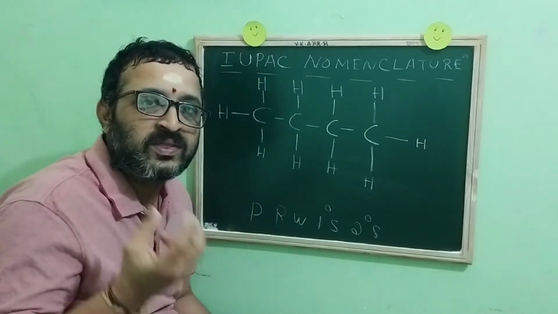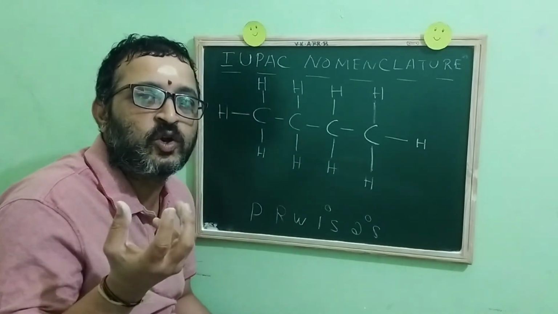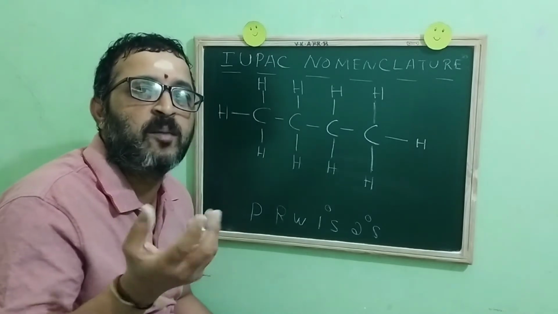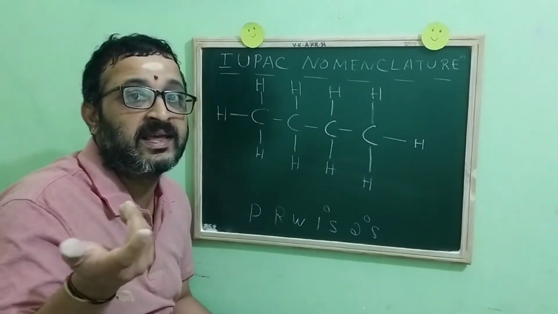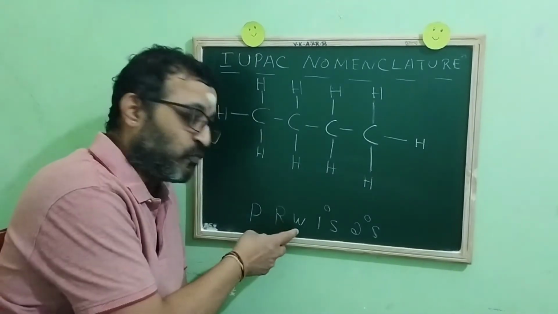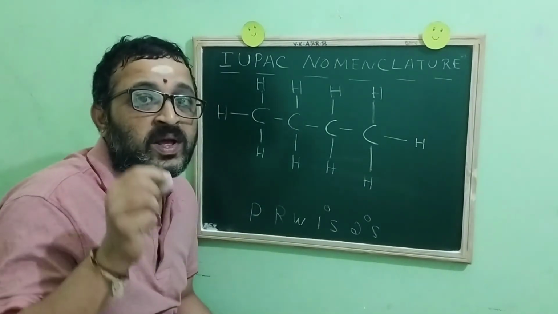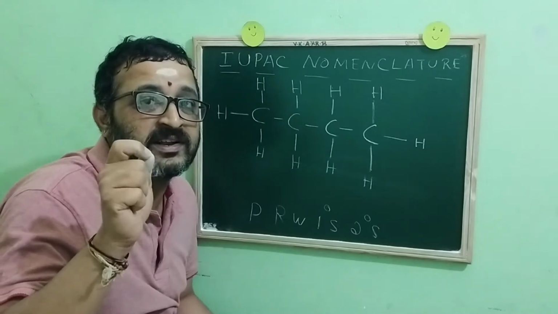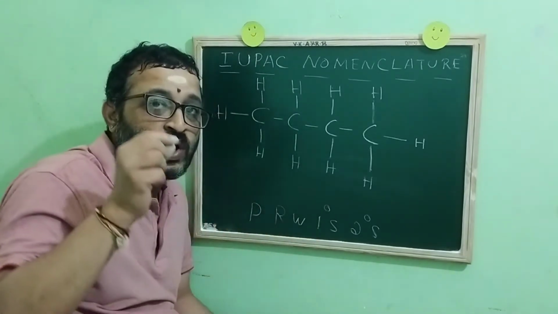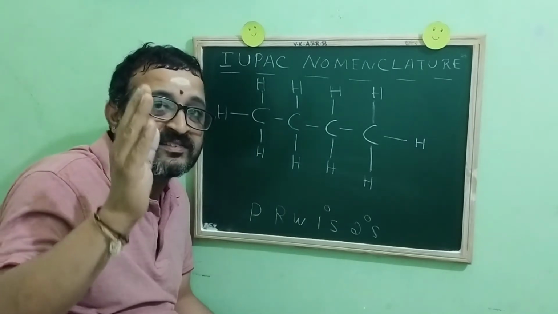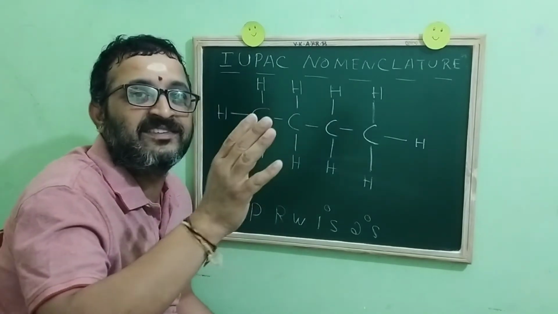Prefix will tell you a substituent group that is present in the organic compound like fluoro, chloro, bromo, iodo, methyl, ethyl, etc. And root word will tell you the number of carbon atoms present in the parent chain, and primary suffix will tell you whether a given compound is saturated or unsaturated.